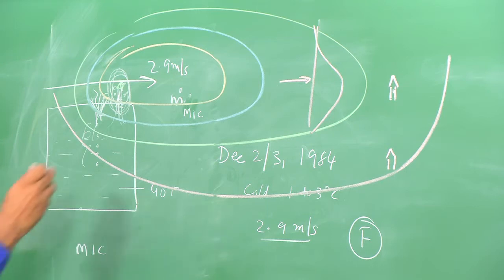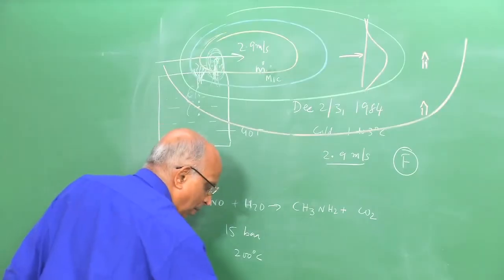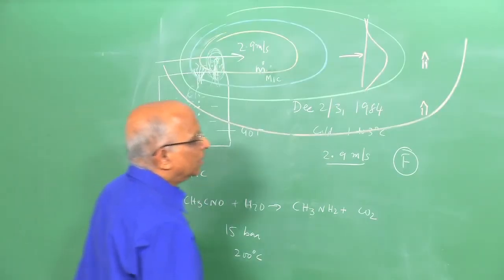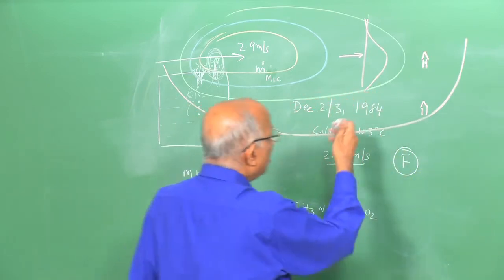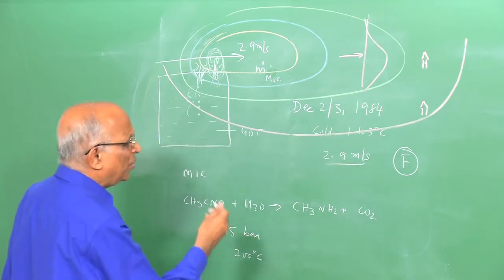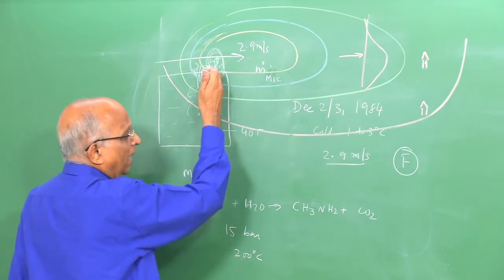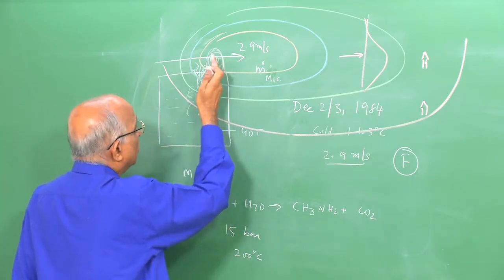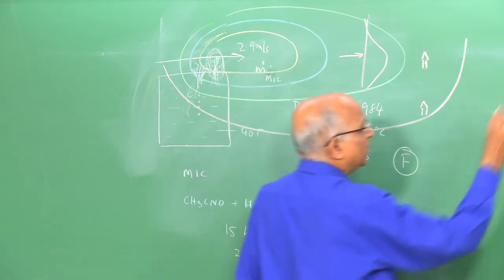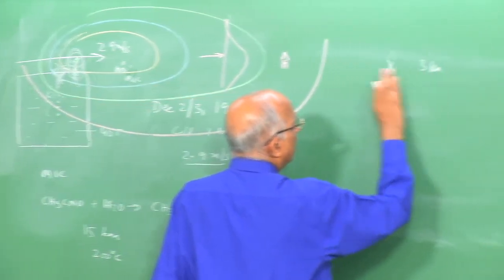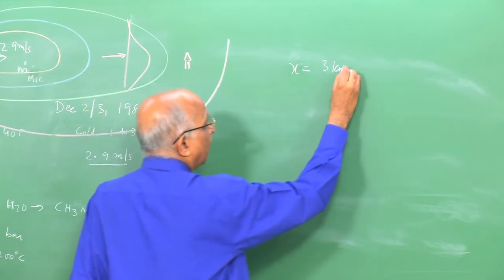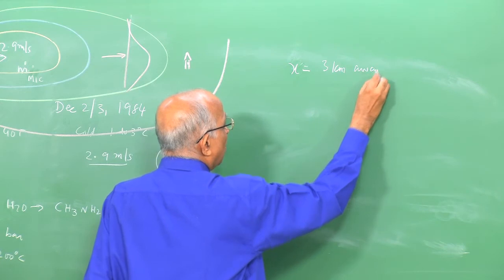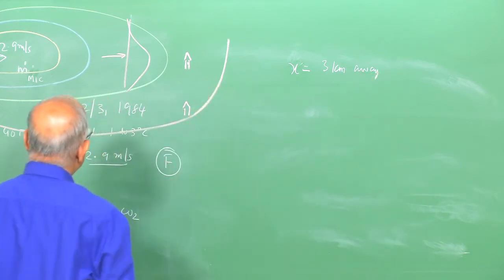Therefore, as an example, let us calculate the concentration of methyl isocyanate. We are not talking of near distances. You know the fatalities in this accident are enormous. Therefore, let us calculate at a distance, let us say 3 kilometers downwind, and let us now calculate what is the concentration here.